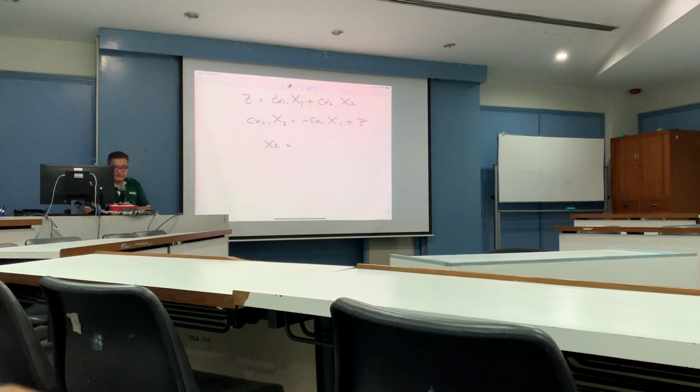So then x2 equal to minus Cx1 over Cx2, remember, times x1 plus Z over Cx2, right? So this is the slope. This is the general form of the isoprofit line.